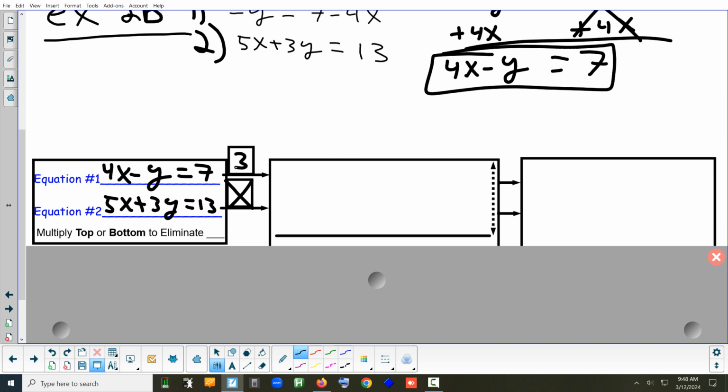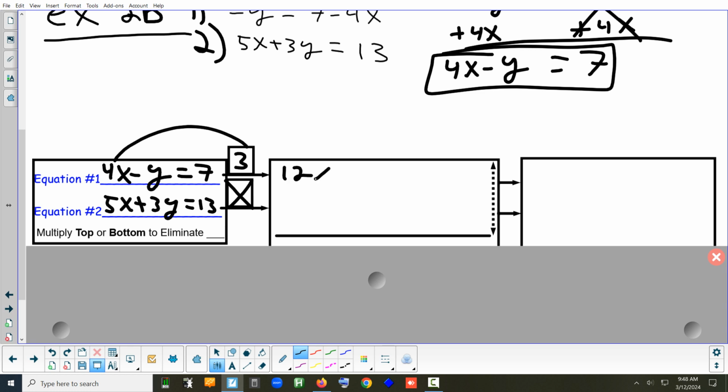Right, so watch what happens when you distribute that. What's 3 times 4x? 20x. That would be times, no, if we multiply by 5. 12x.